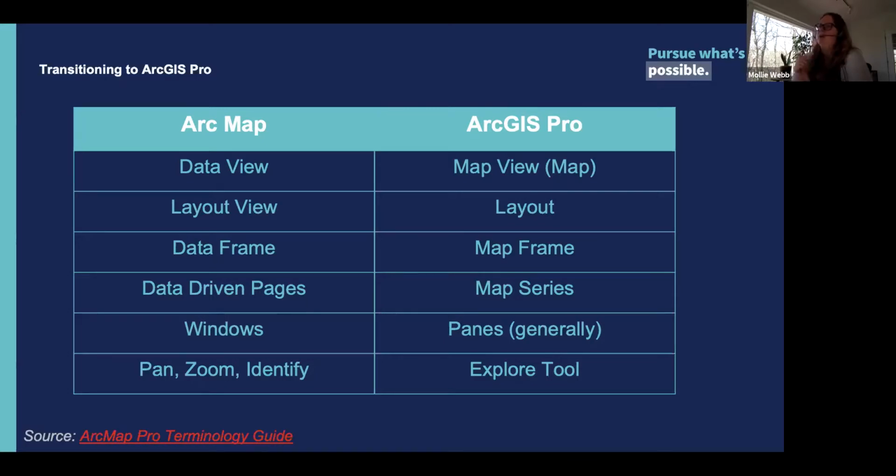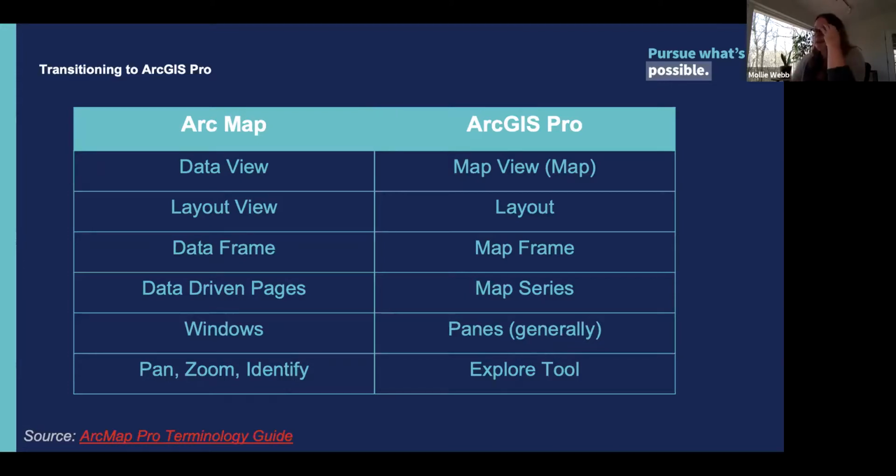A lot of the ArcMap tools that would show up as separate windows are now showing up as docked panes in ArcGIS Pro, so they'll just be docked along the side. And then also when we would explore our data and use pan and zoom and identify in ArcMap as all separate tools, those have now been all lumped into one tool called the Explore tool in ArcGIS Pro.